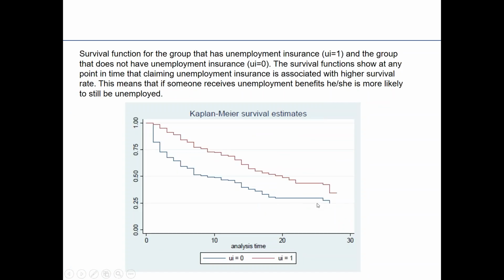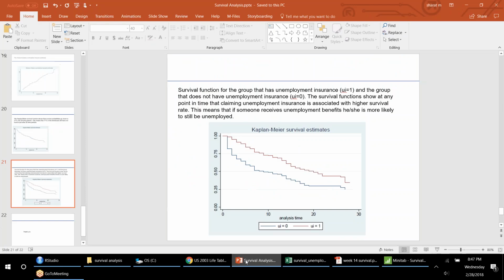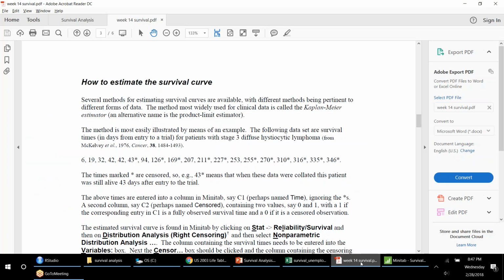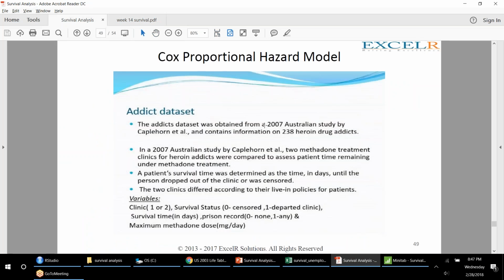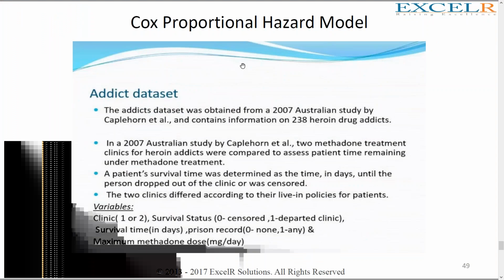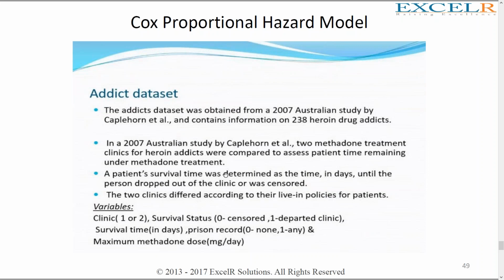Let us also look into a few examples here. I'm going to show this. Yeah, so this is an example for drug addiction, which was done in Australia way back in 2007.